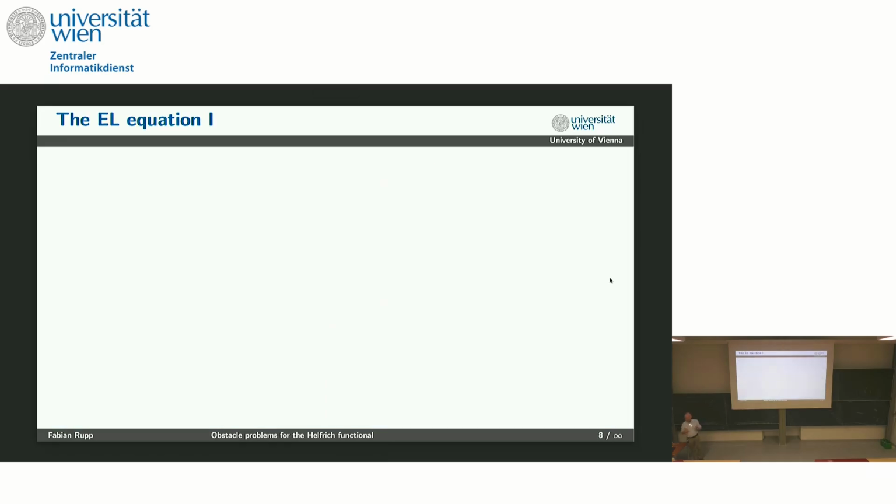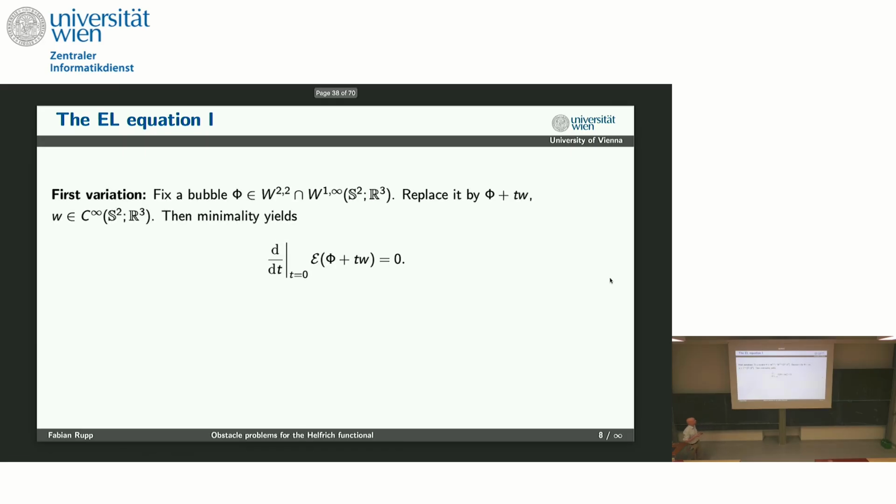But it's an obstacle problem. I spoke about the PDE, but how do we get the PDE? Because it's an obstacle condition, we have a constraint on the area, so we cannot vary freely to get the Euler-Lagrange equation.